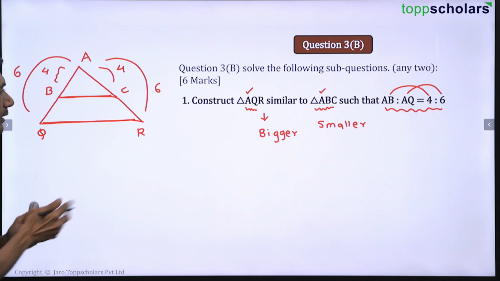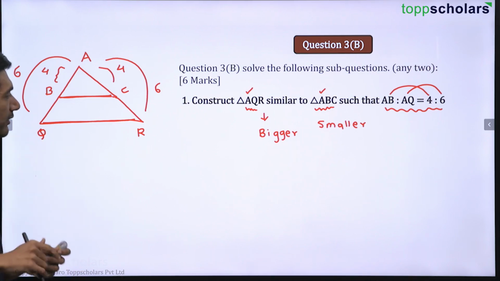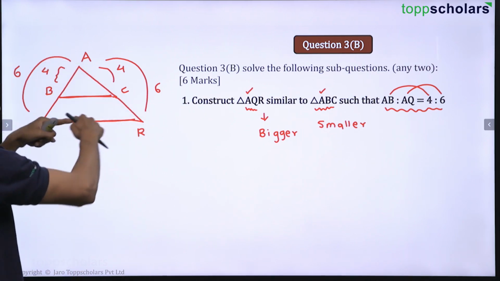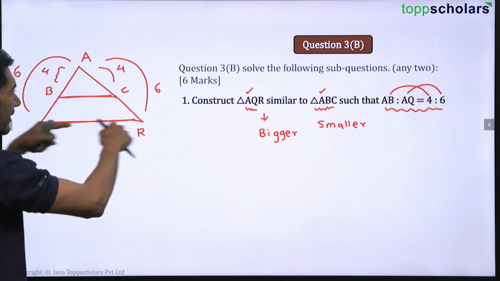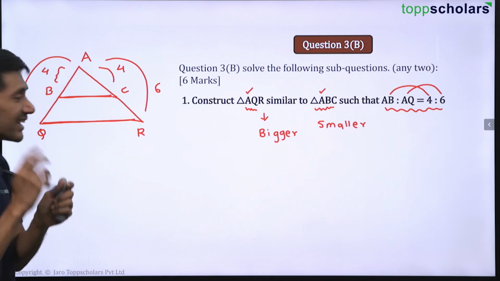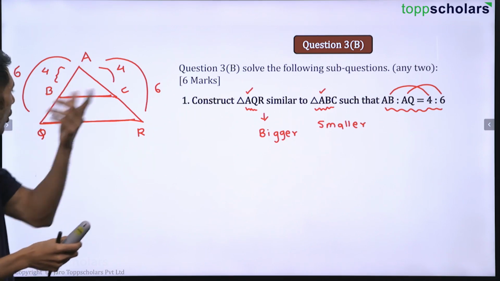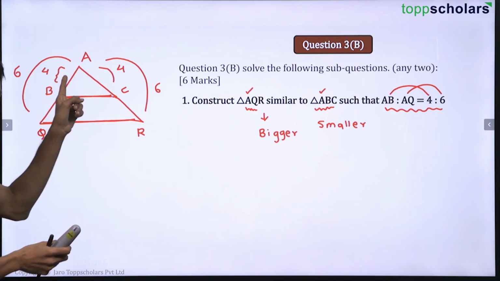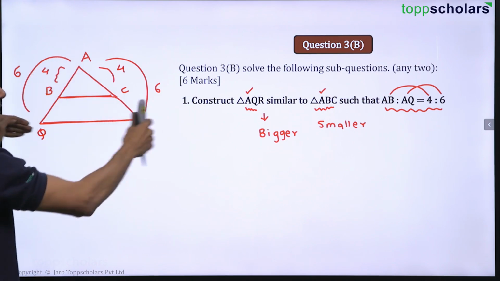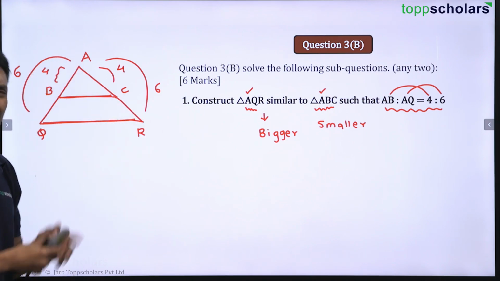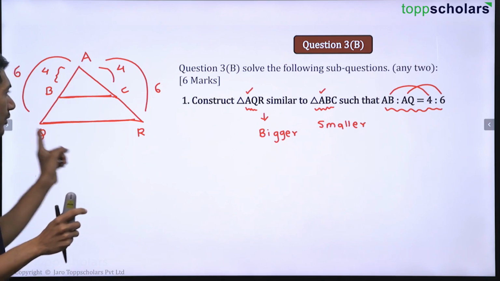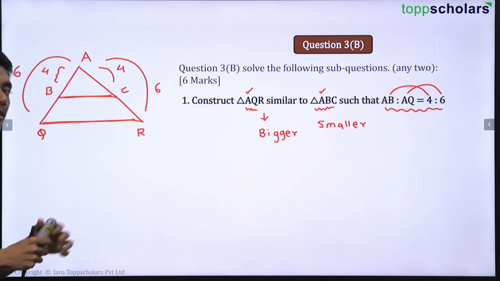So how do we draw it? There are two ways. First way is, you draw the bigger triangle AQR and then construct ABC inside it. Or else you draw triangle ABC and then you extend it further to draw triangle AQR. It's always easier to draw the bigger triangle first and smaller triangle later.